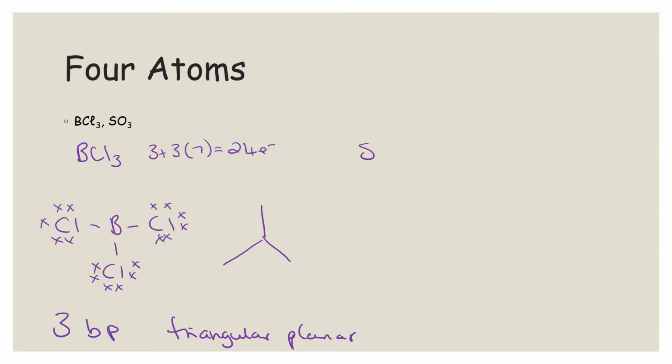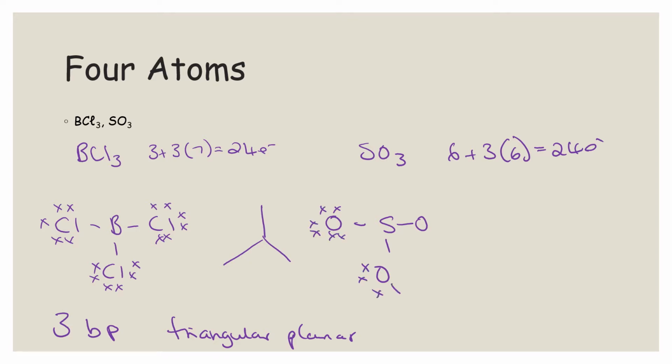Now sulfur trioxide is something similar. Sulfur has got 6 plus 3 6s, 18, which is 24 electrons. So if you start with singles for your electron dot, complete the octets. So you've used 2, 4, 6, 8, 10, 12, 14, 16, 18, 20, 22, 24.